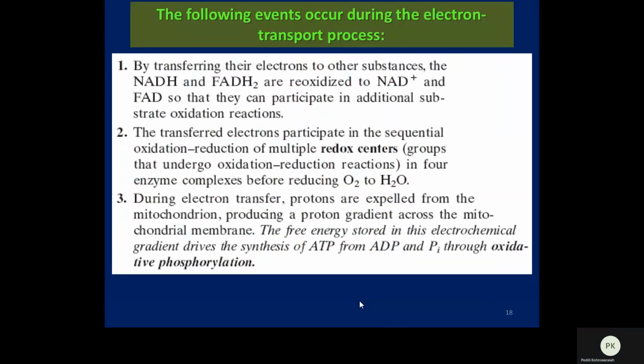So that means in the electron transport chain, three events take place.